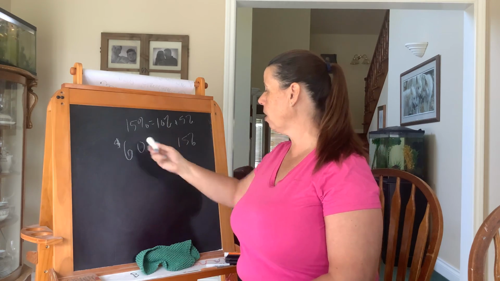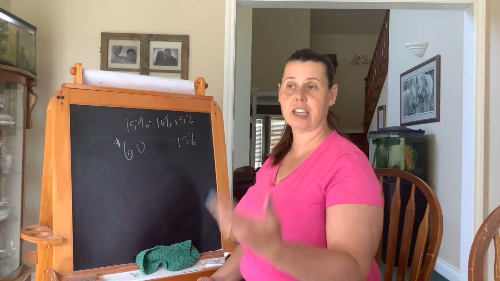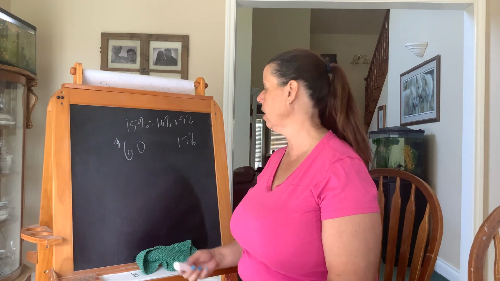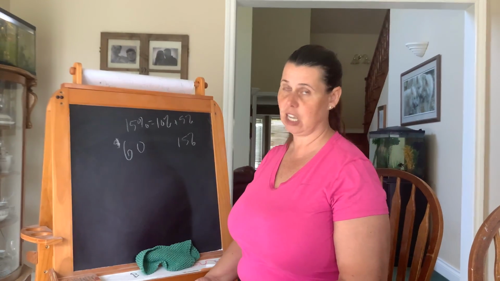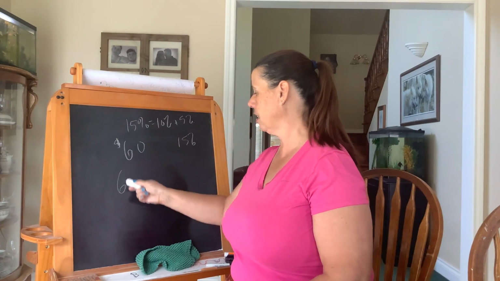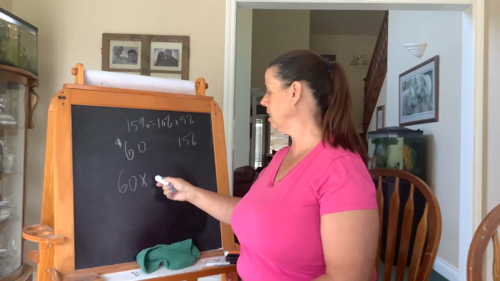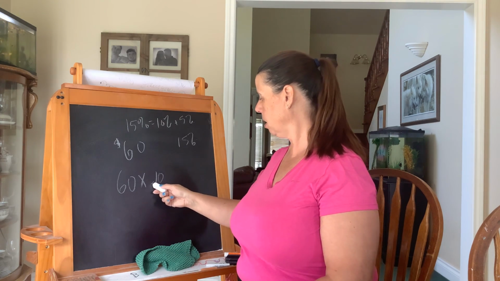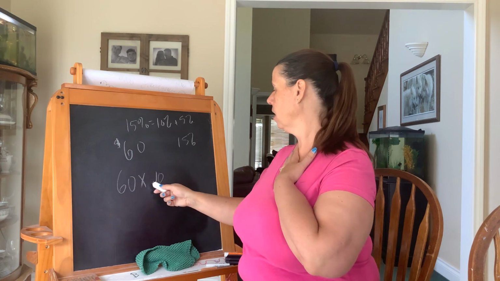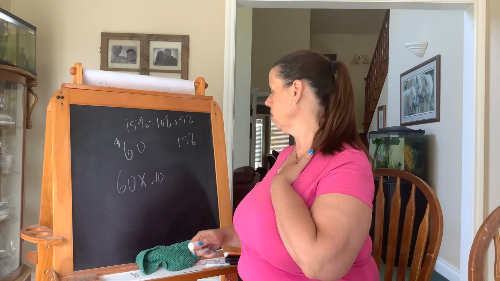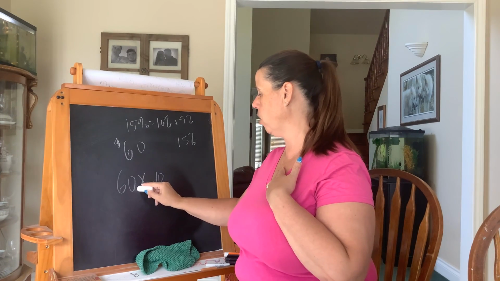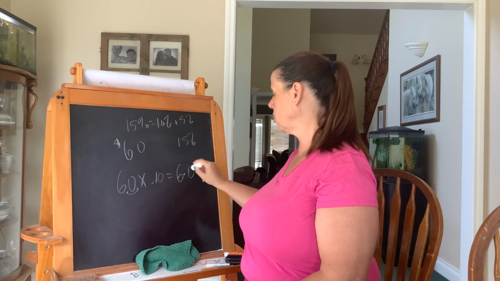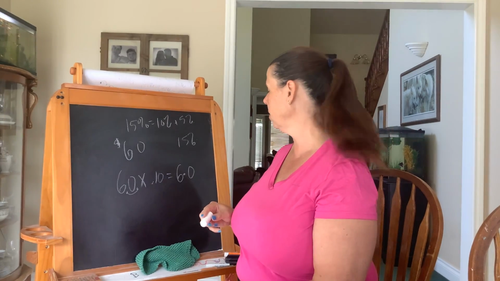We could figure out 10% and then cut it in half to make 5% and add those together to find 15%. We can do 10% of 60 all day long. Here's 60 times, remember, 10% is decimal 1 or 10 hundredths. That means we are going to shift the decimal 1 place. So 10% of 60 is $6.